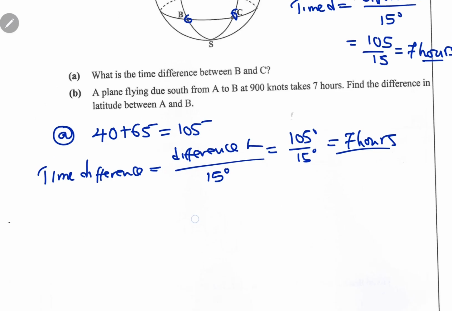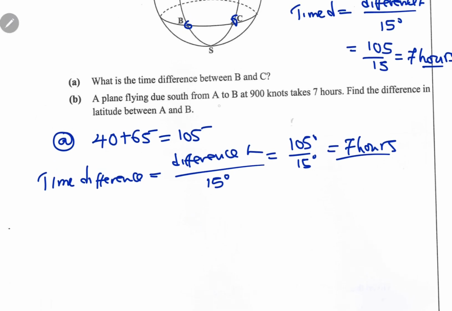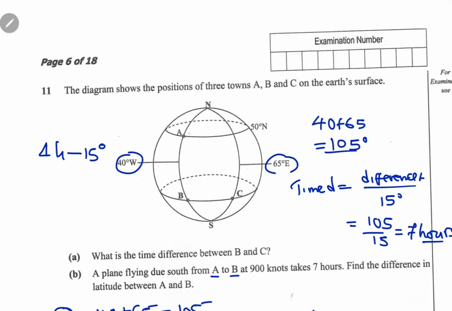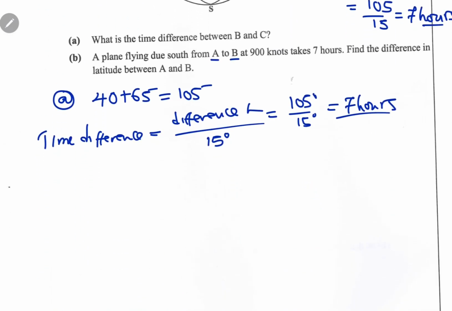Now, coming to the second question: a plane flying due east from A to B at 900 knots. So that is speed, and that is for B, please. Speed is 900 knots. When the speed is in knots, just know that the distance was in nautical miles, and of course time was in hours.